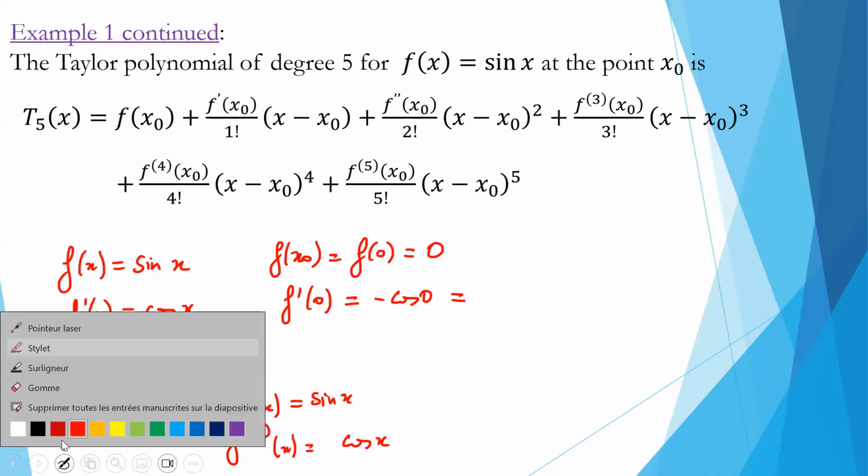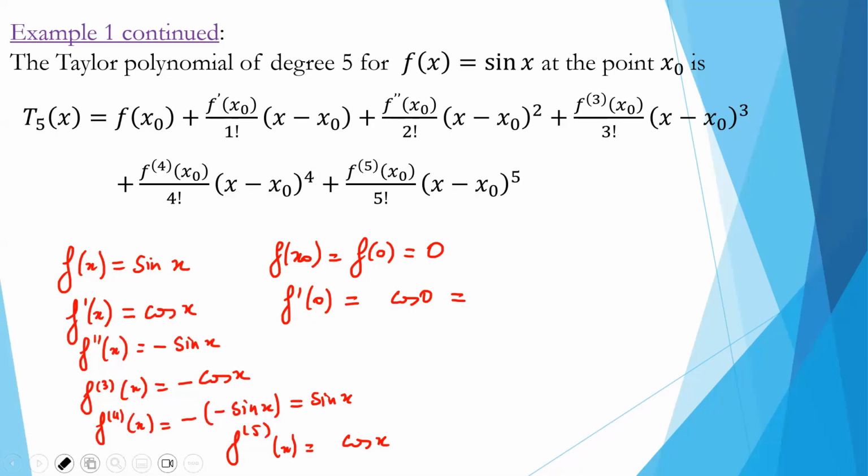So here f prime is cosine of 0. What's the value of cosine of 0? 1. What is the second derivative? Minus sine of 0, which is 0.